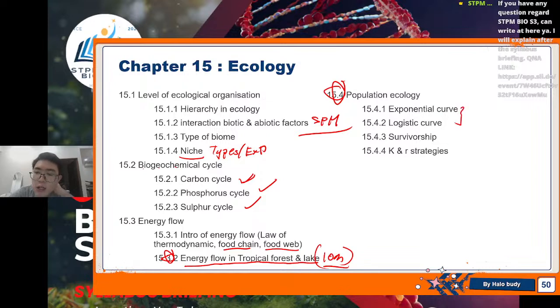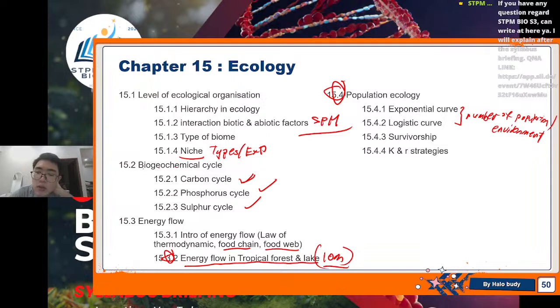The exponential curve and logistic curve are about the relationship between the number of population and the environment.